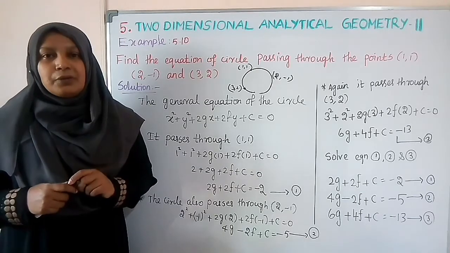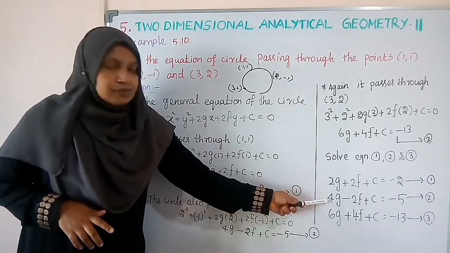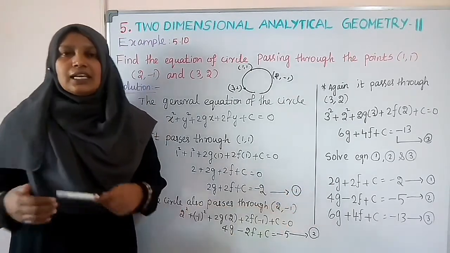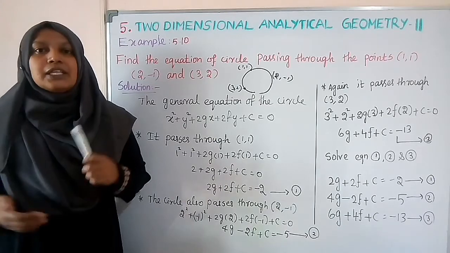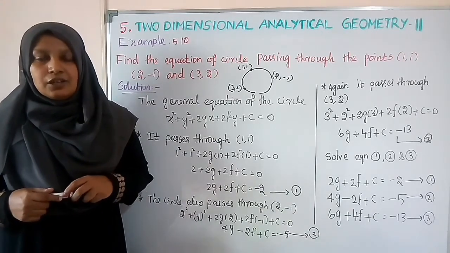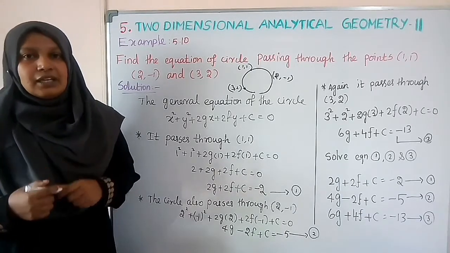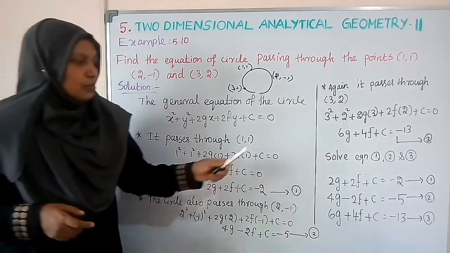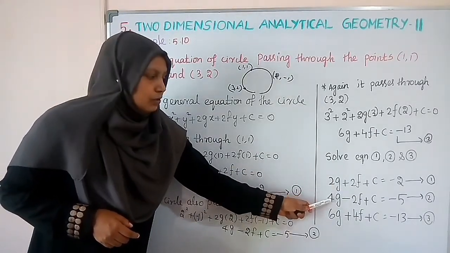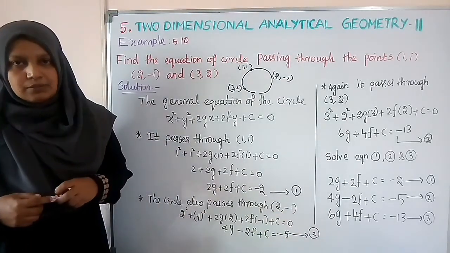So two times you have to eliminate c from the two sets of equations. Then you will get two equations. We can solve those two equations to get the values of g and f. By substituting that g and f value, we can find c. Understood? So I am going to eliminate c from the first two equations and also the next two equations. You can eliminate any variable from any two equations. Okay?